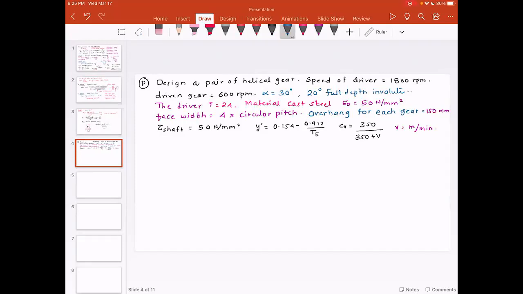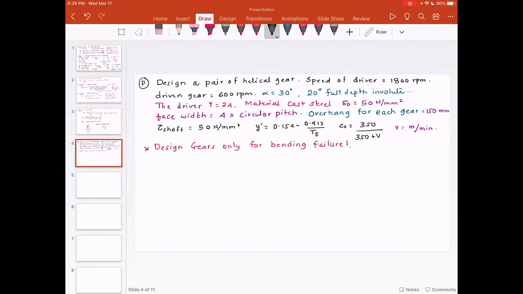So step one. In this design, they try to simplify. They say design gears only for bending failure. So this actually simplifies our work.